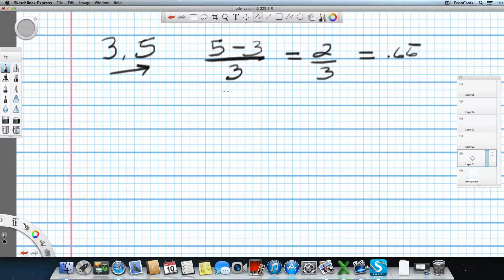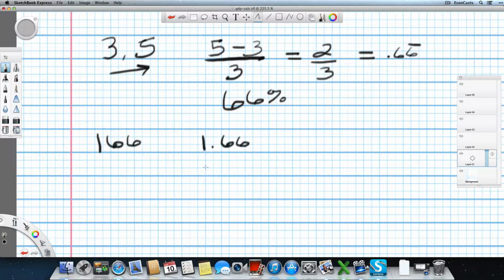So now we can talk about what an index is. So we have a 66% increase from 3 to 5. And you'll notice that a lot of our index numbers for GDP look something like this. They'll look like 166. And in class we did things like multiply the base number by 1.66.